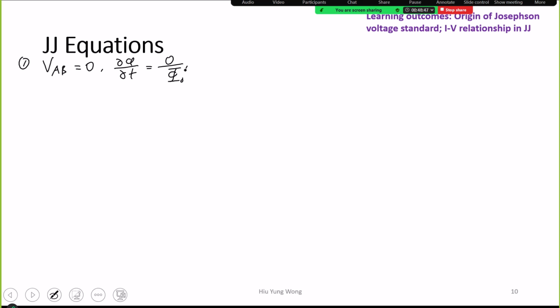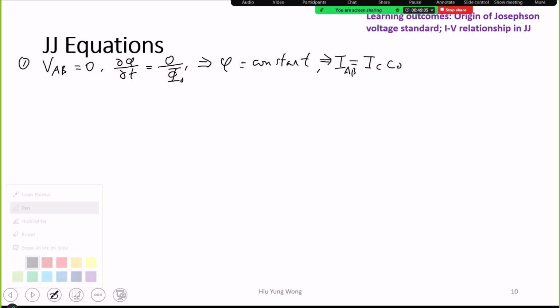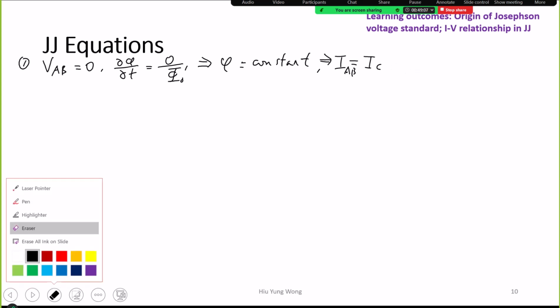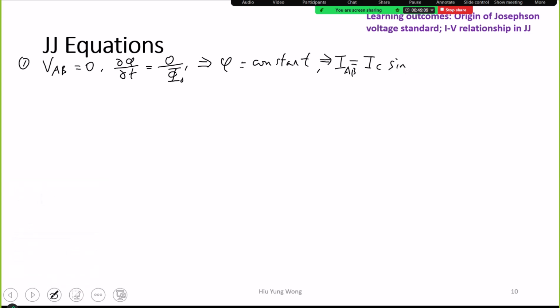Then it means phi is a constant. The phase difference is a constant. So what will be the current? Current equals I_C times sine phi, which is a constant. So what will happen to the current?